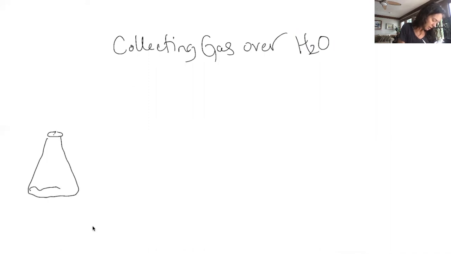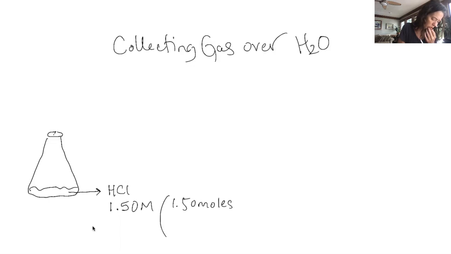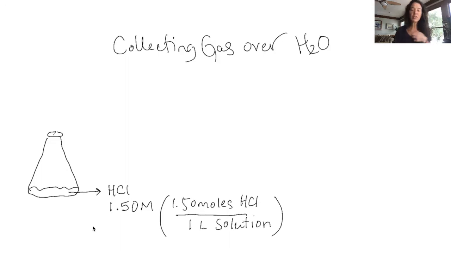We're going to have some HCl in here. Let's say that it is 1.50 molar. Recall that that is 1.50 moles. Moles of what? Moles of HCl per every 1 liter of solution. We may use that number, we may not.